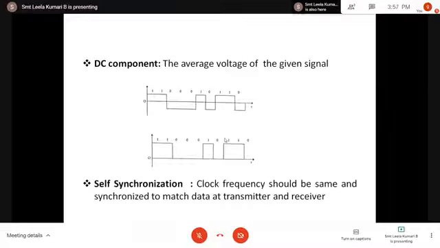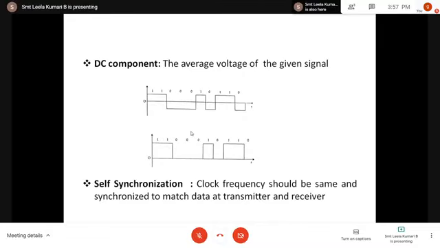If the clock frequencies of the transmitter and receiver are different, then data at transmitter and receiver will be different. So to match data at transmitter and receiver, clock frequency should be the same and synchronized. This is regarding the characteristics of line coding.